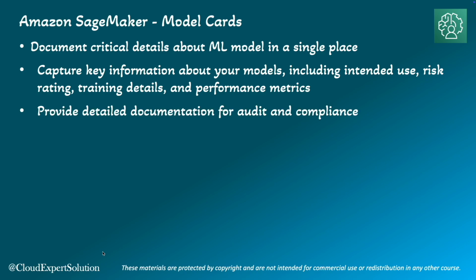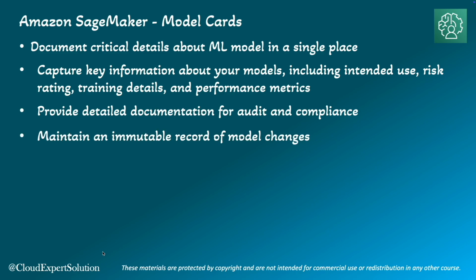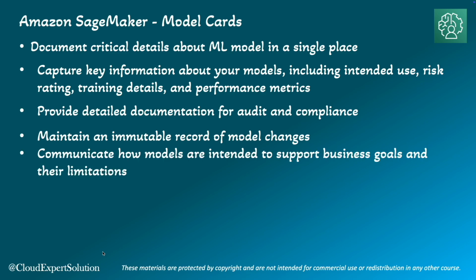Using SageMaker Model Card, you can support audit activities with a detailed description of model training and performance. You can also maintain an immutable record of model changes with versioned model cards. And as part of transparency, you can communicate how models are intended to support business goals and their limitations.